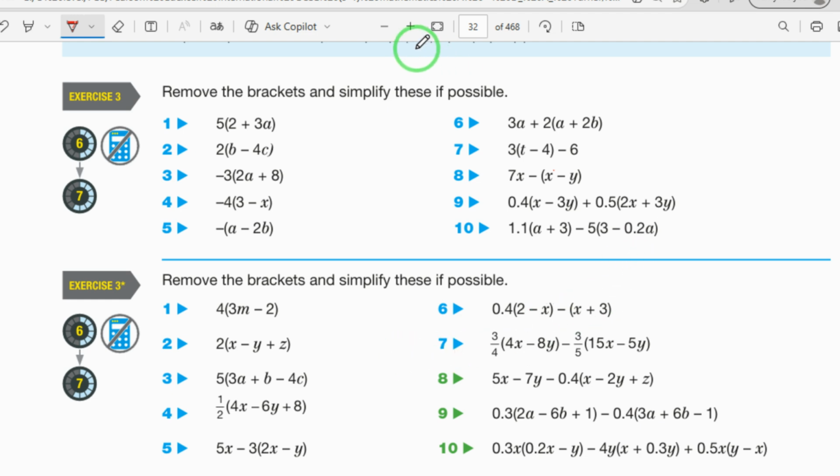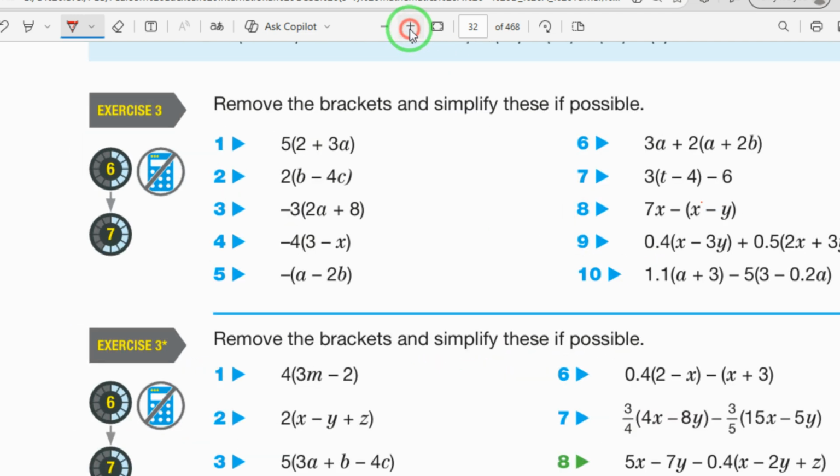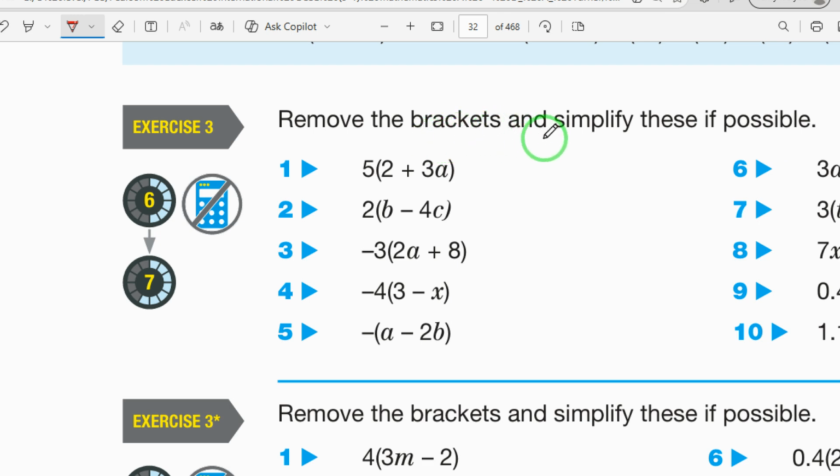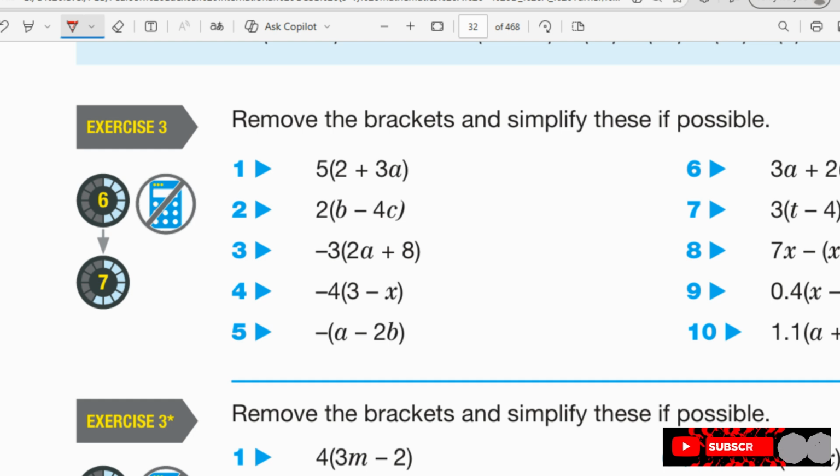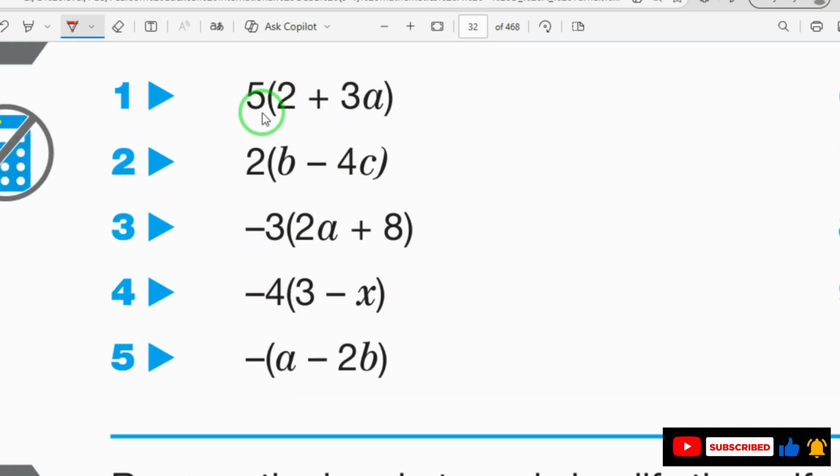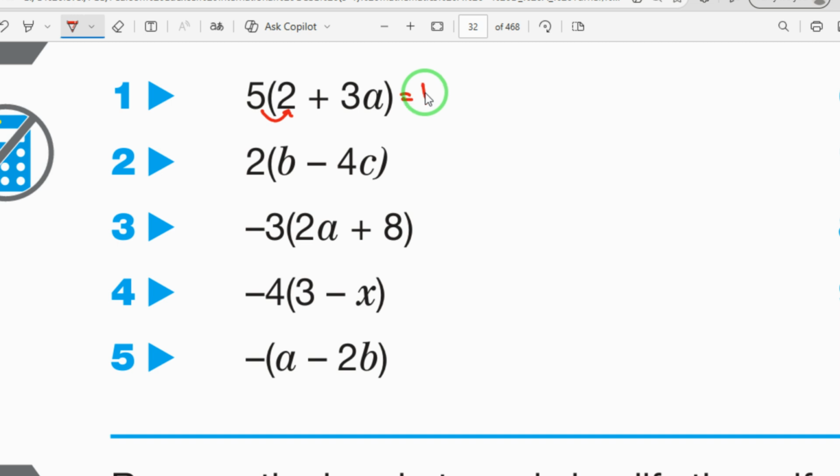Okay. Question number 1, we start. Remove the bracket and simplify this if possible. So here we simplify and remove the bracket. How can we simplify? Here we multiply 5 by 2. 5 times 2 is 10. We write here 10.